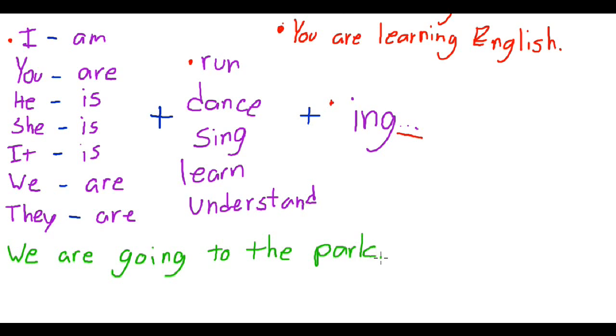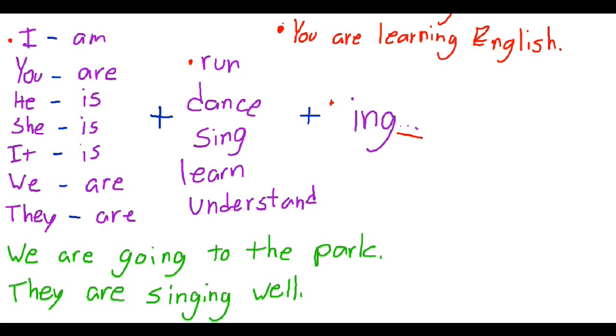Okay, we are going to the park. Or another example, we can say they are singing. Okay, they are singing, but maybe instead of saying what are they singing, I want to say how are they singing. So I could say they are singing well. Correct? They are singing well. They're doing a good job. They are singing well. Alright?